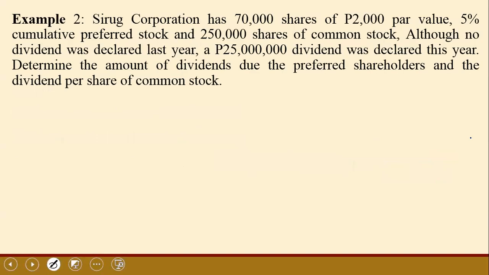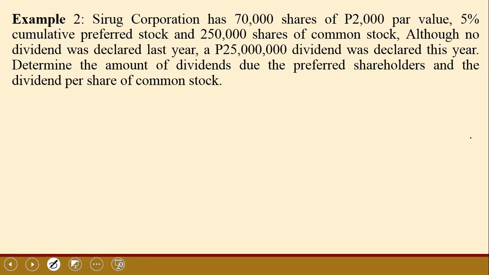Another one. So, we have Zero Corporation. Zero Corporation has 70,000 shares of 2,000 peso par value, 5% cumulative preferred stock and 250,000 shares of common stock. Although no dividend was declared last year, a 25 million pesos dividend was declared this year.